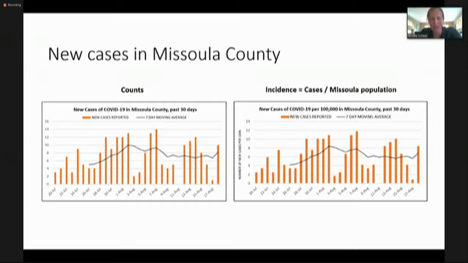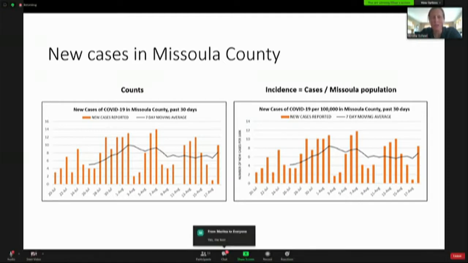On first glance, these two graphs look pretty similar, but if you take a closer look, there's a subtle yet important difference. We generally post and publish raw new case data, like in that first graph, but it can be much more helpful to look at adjusting these numbers per population, as in the graph on the right.